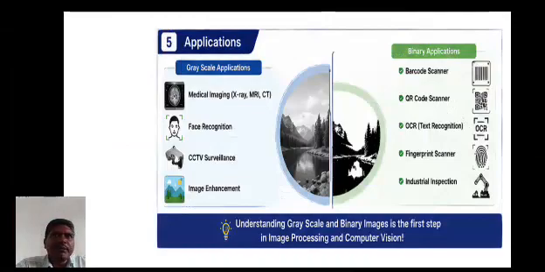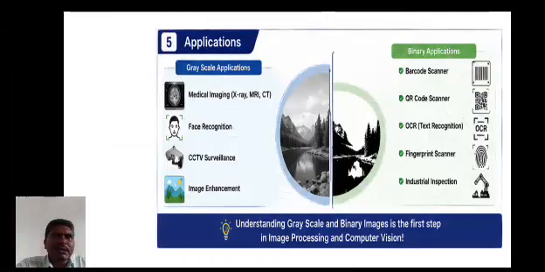But binary images are mainly used in applications where the system only needs to identify objects or patterns. For example, barcode scanners and QR code readers use binary images to quickly recognize the codes. OCR software converts scanned documents into editable text using binary images.